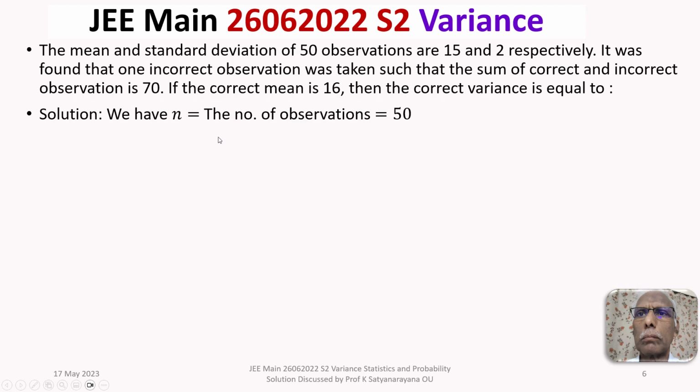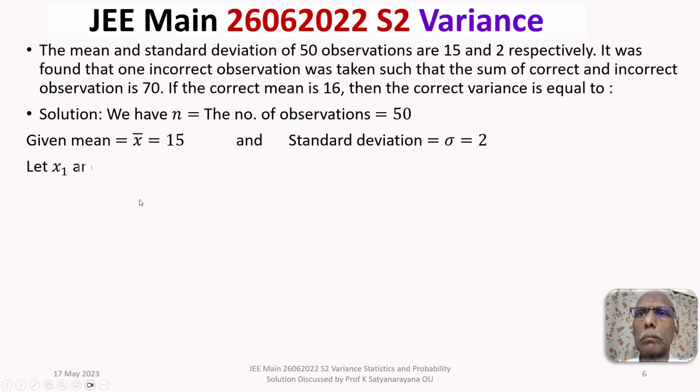We have n, the number of observations, given to be 50. We are given the mean, that is x bar, equal to 15 of these 50 observations, one of them being an incorrect observation, and the standard deviation sigma is equal to 2 with the incorrect observation.